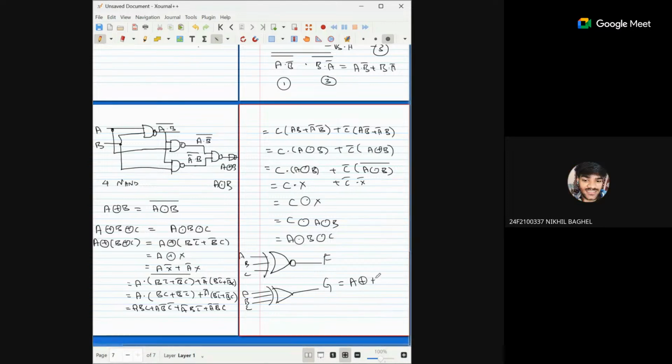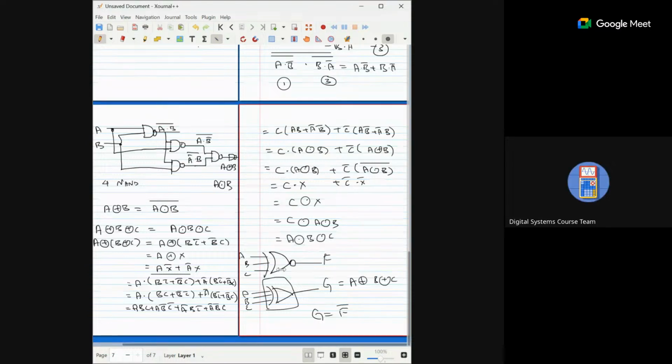A XNOR B XOR C. Whether G is equal to F. It's an XNOR with three inputs, so it's equal. No, G is equal to F bar, sir. Exactly. G is equal to F bar because I described it in the form of gate level.